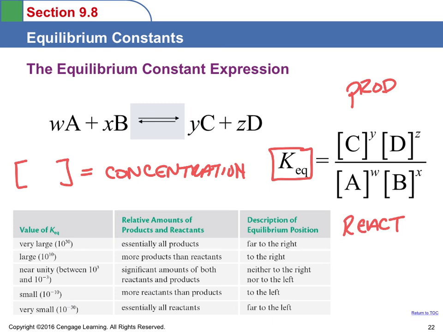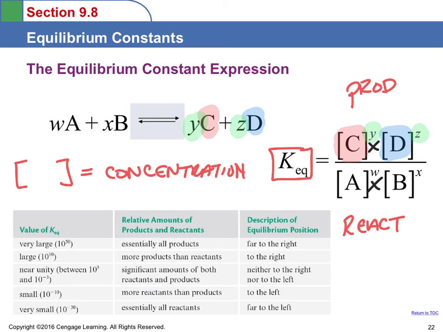So the way we do this is we're going to write the concentration of our products. So here's the concentration of C, and it's going to be times the concentration of D. So this is multiplication. Notice there's coefficients in the reaction, and there's exponents in the equilibrium constant. So your coefficients become the exponents on that substance.